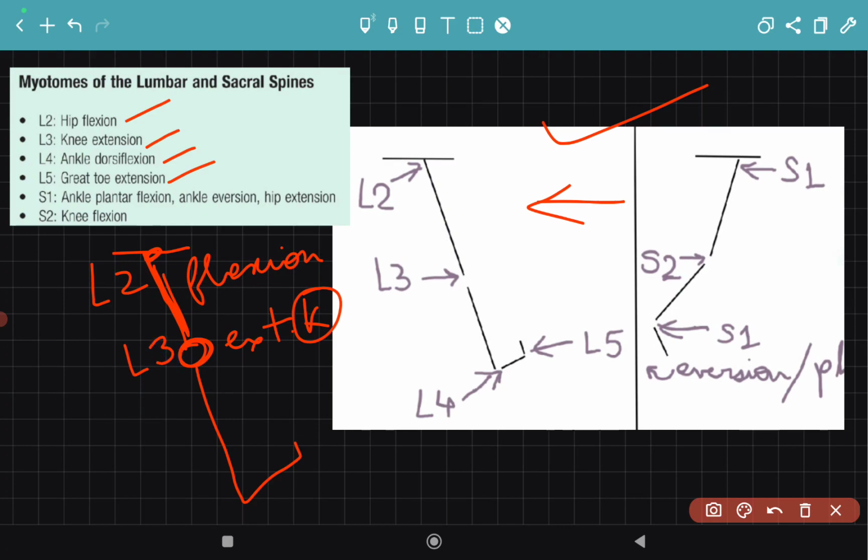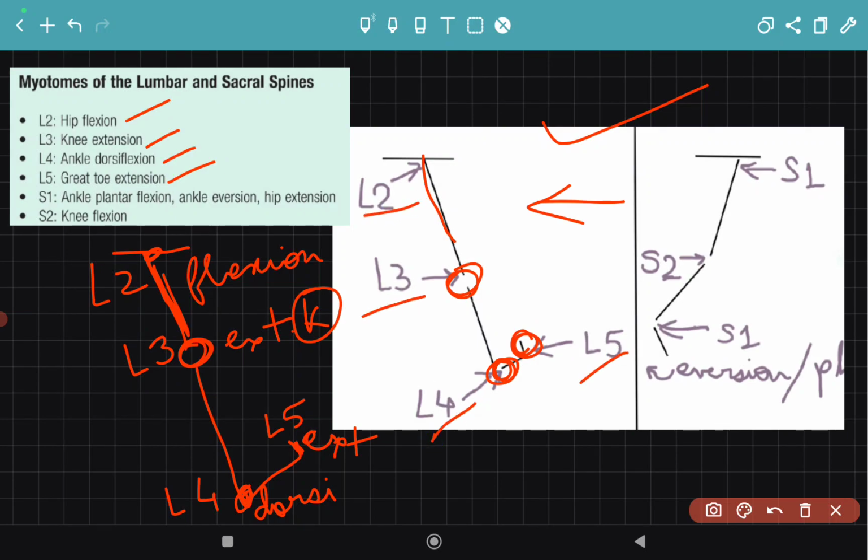And then this is the ankle, and the ankle is in dorsiflexion, which is L4 myotome, and the great toe is in extension, which is L5 myotome.